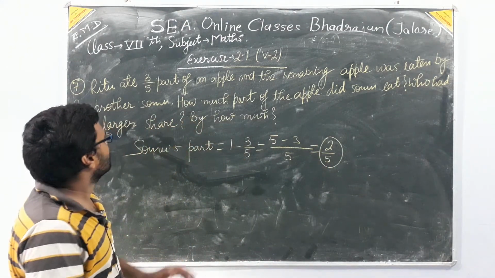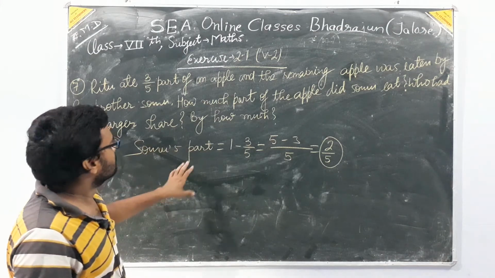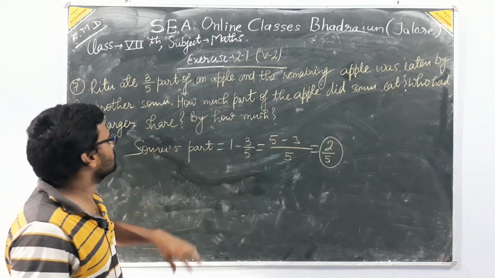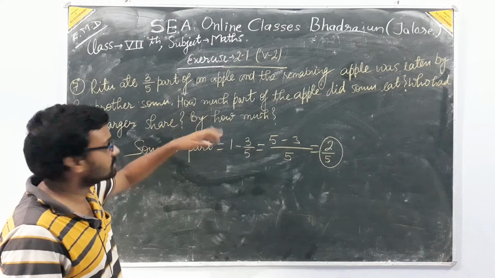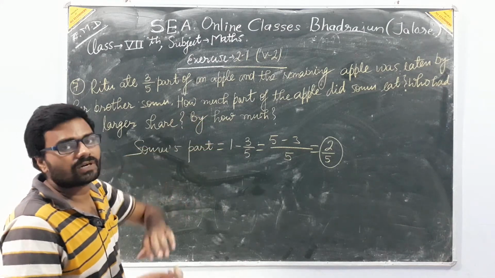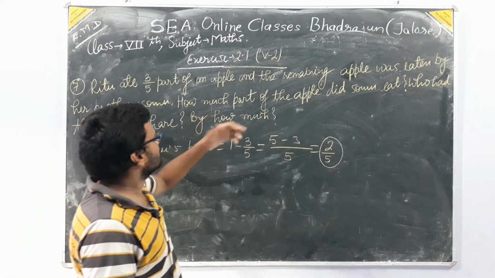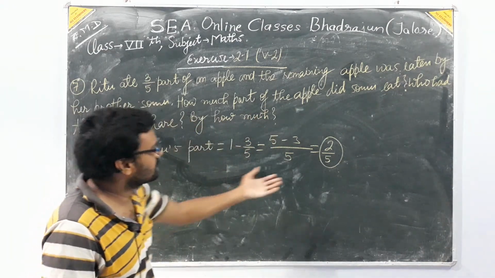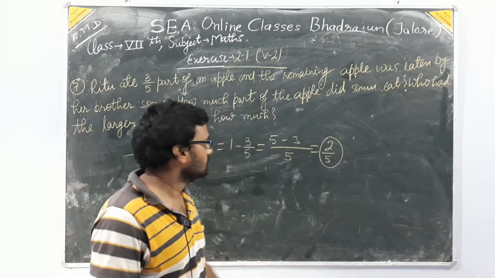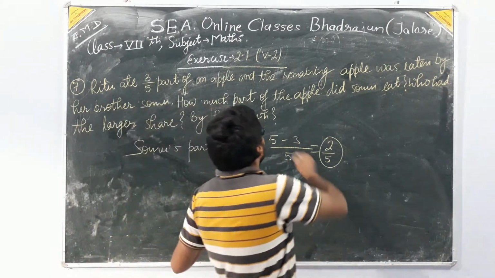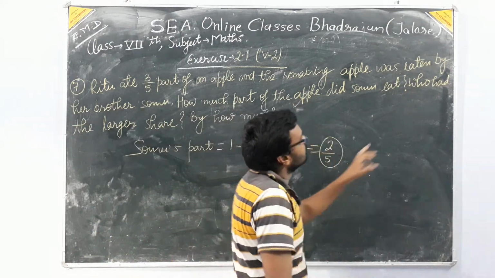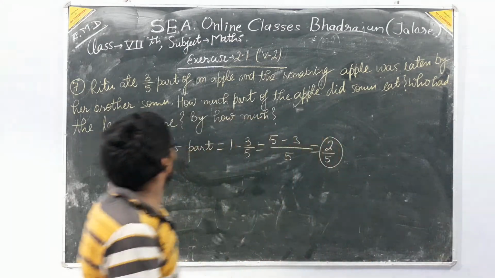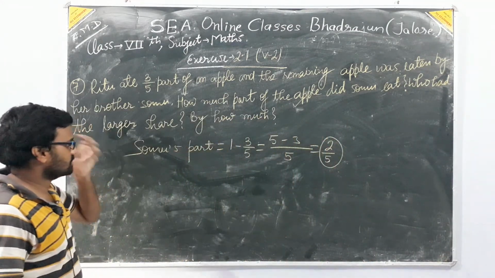Now we have found the part eaten by Somu. The extended part of our question is, how much part of the apple did Somu eat? So Somu's part is 2/5. Got it? This 2/5 is the solution of this line. Now, who had the larger share and by how much?